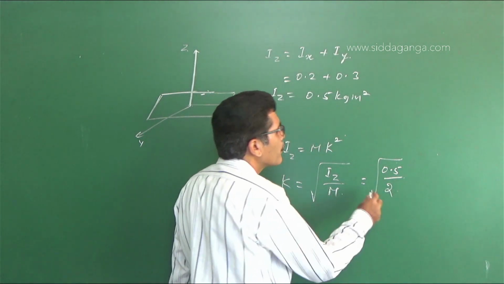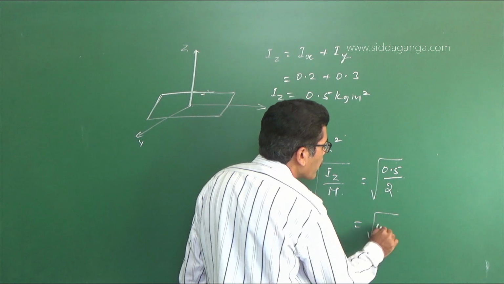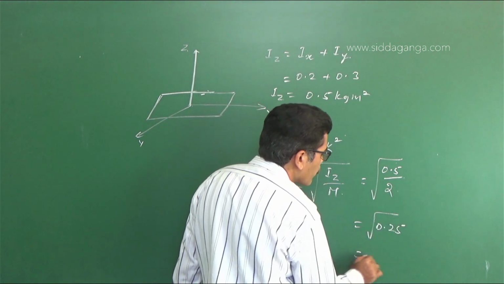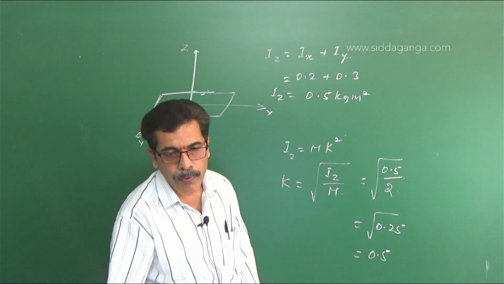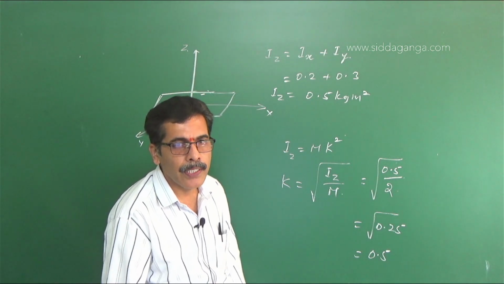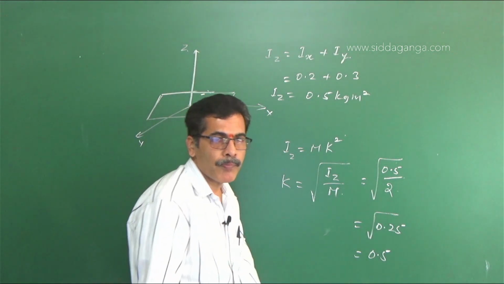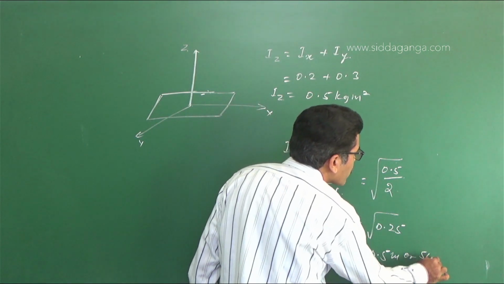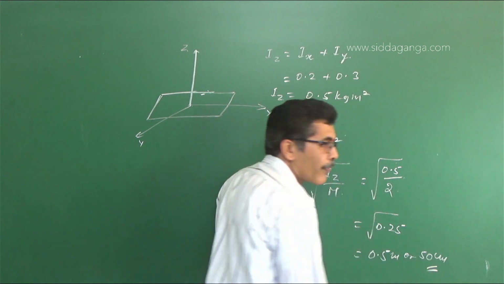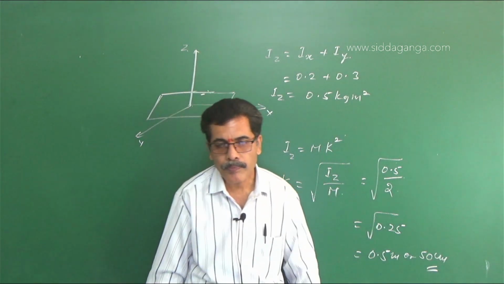This is equal to root of 0.25, which is 0.5. Therefore, you will find that 0.5 meter, or 50 centimeter, is the correct answer.